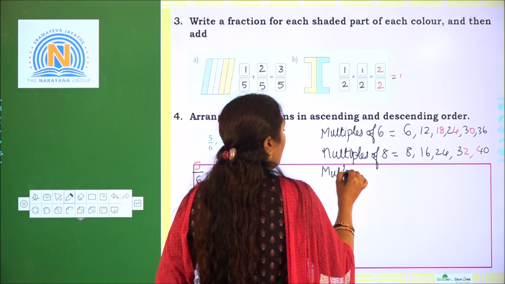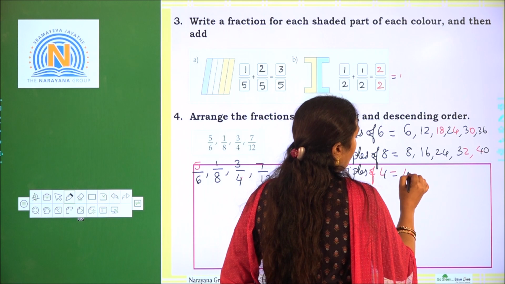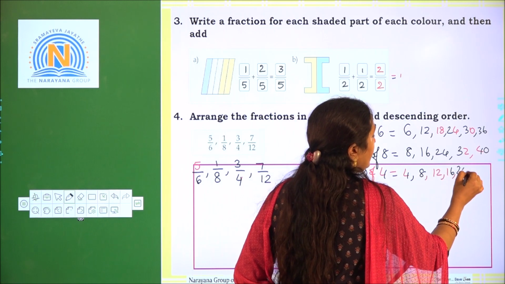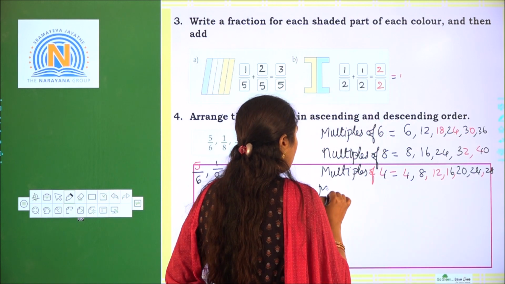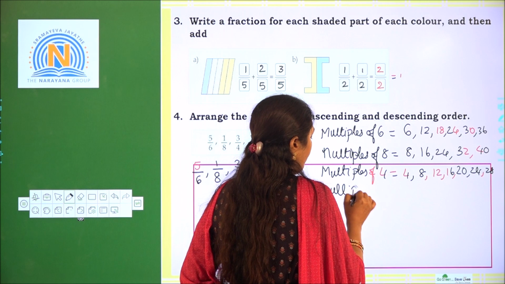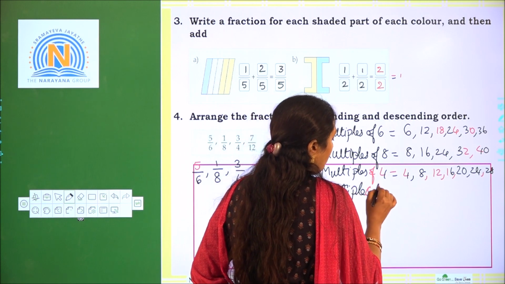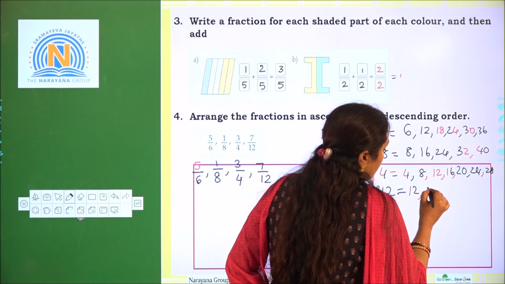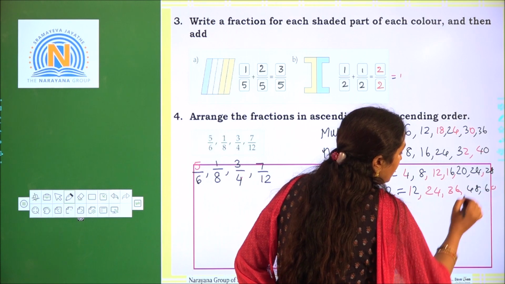Like multiples of 4: 4, 8, 12, 16, 20, 24, 28, and so on. Multiples of 12: 12, 24, 36, 48, 60 and so on.